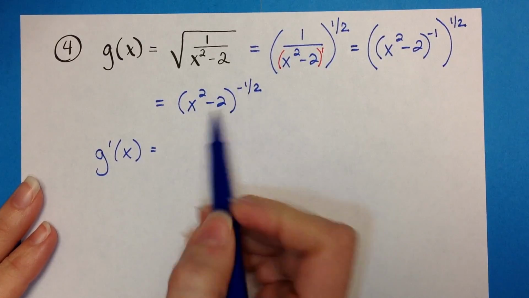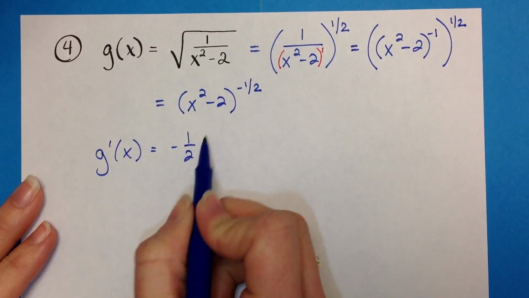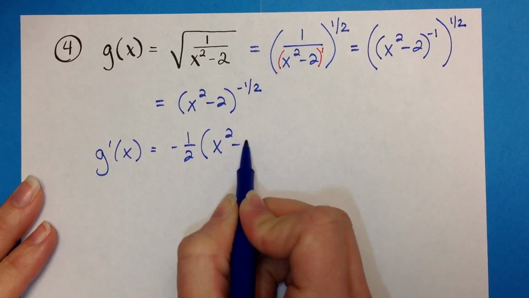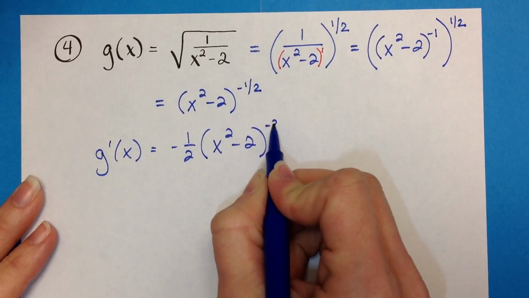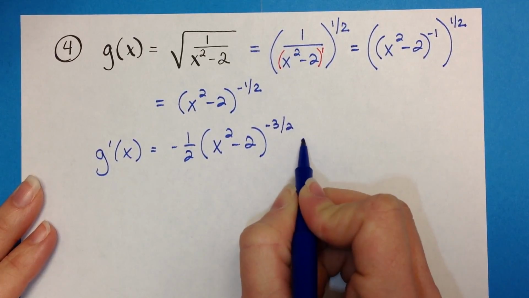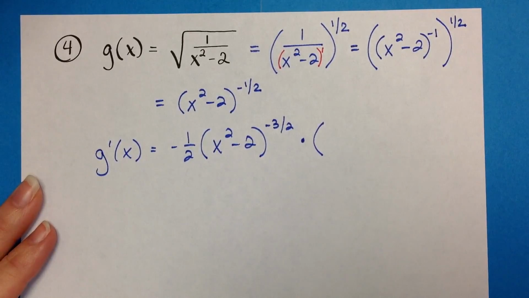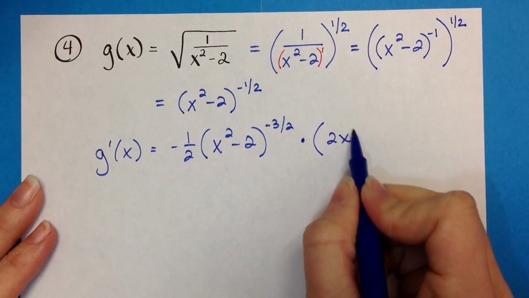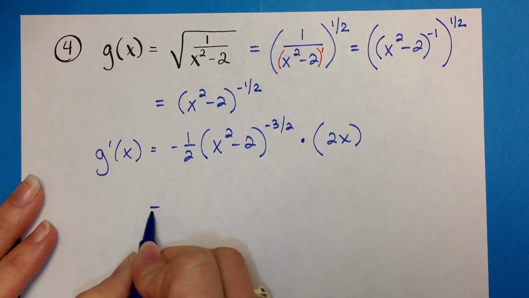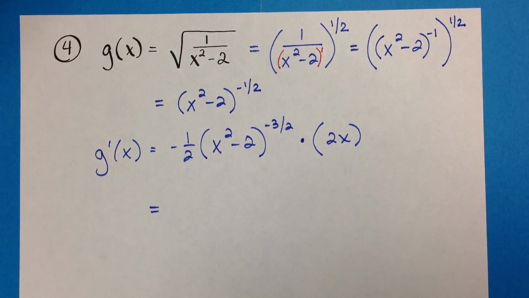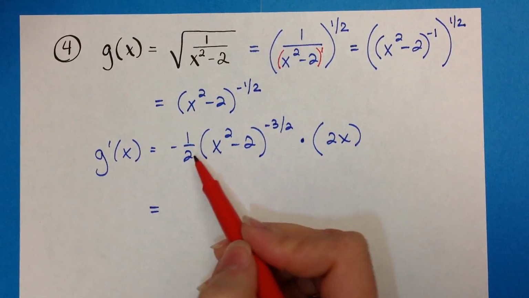Alright, so starting out with power rule, you have your power times your function to 1 less power, and then you have to multiply by the derivative of the inside, so the derivative of x squared minus 2 would be 2x. Okay, simplifying this, what's going to happen is your 2's are going to cancel out.